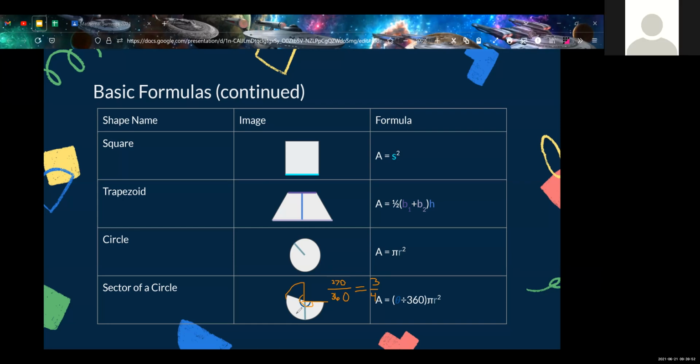Okay, and just one more question. How would you find the angle? I get that for a right angle, you could find that it's 90 degrees, but for anything else?